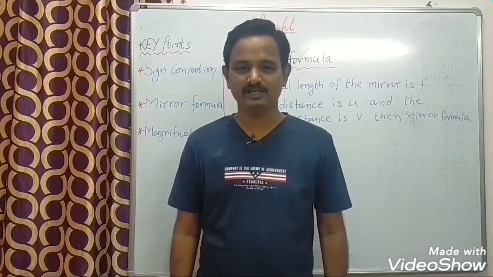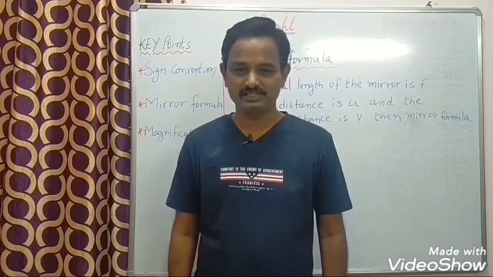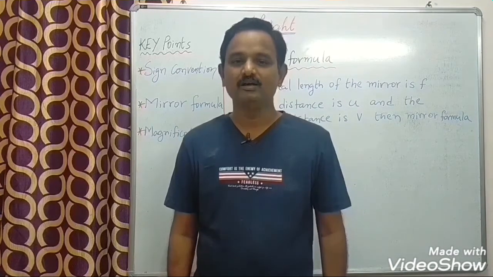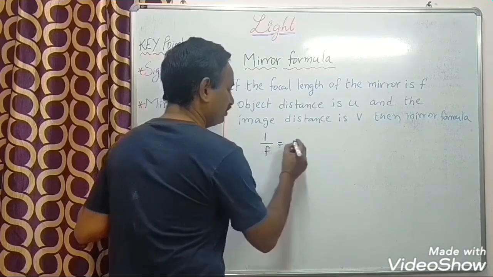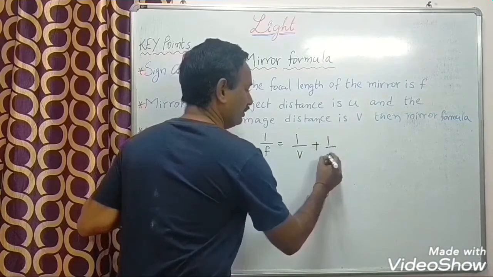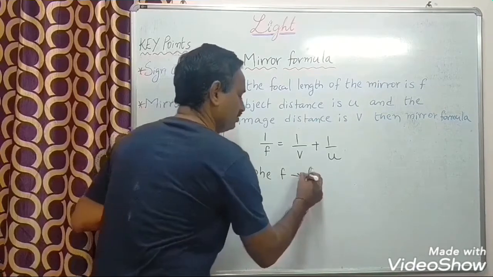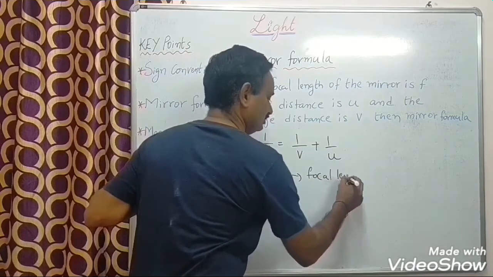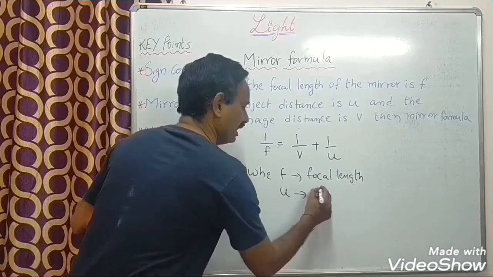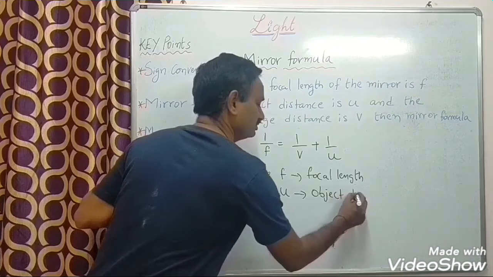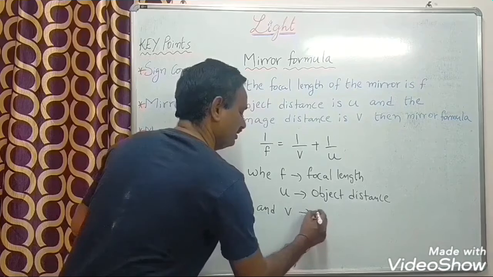If the focal length of the mirror is small f, object distance is small u, and image distance is small v, then the mirror formula is 1 by f equal to 1 by v plus 1 by u, where f means focal length, u means object distance, and v means image distance.